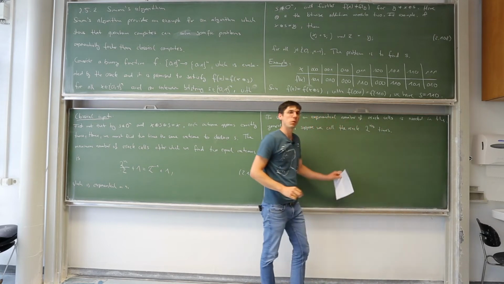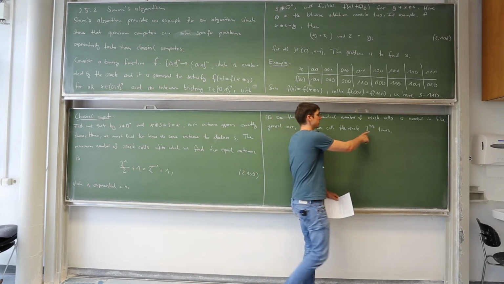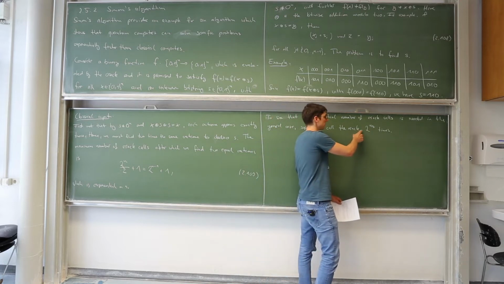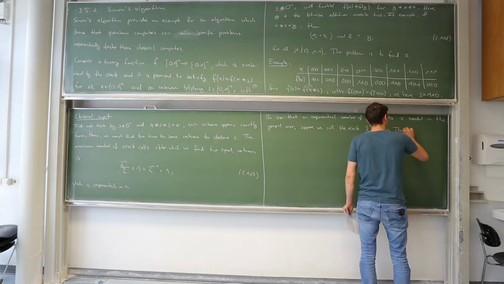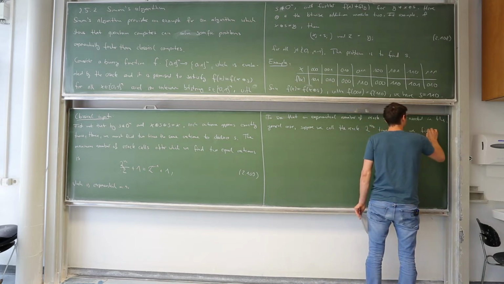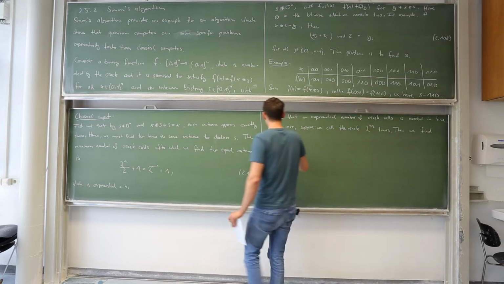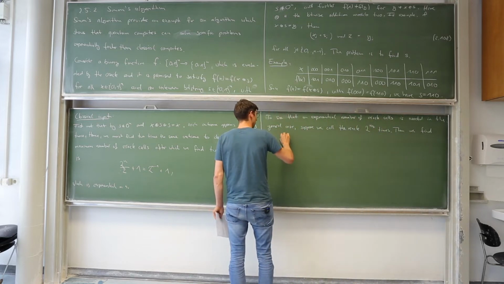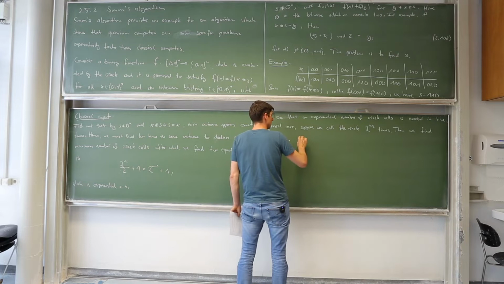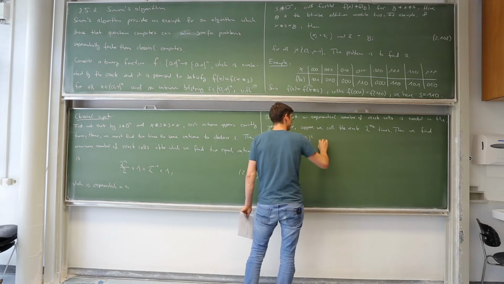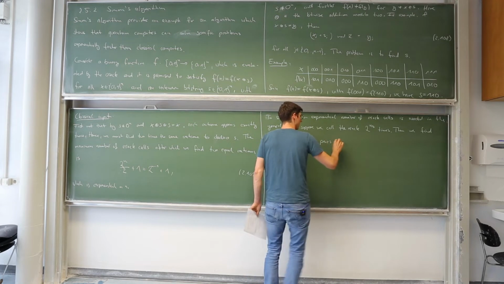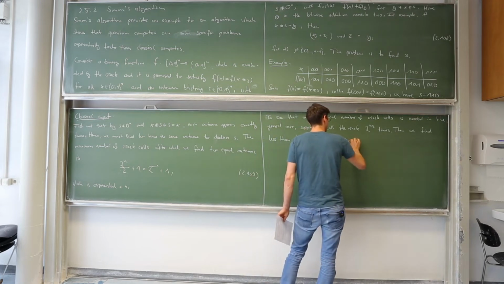So this is now an exponential number in n. Then we find less than 2 to the power of n quarter squared pairs f of x, f of y.